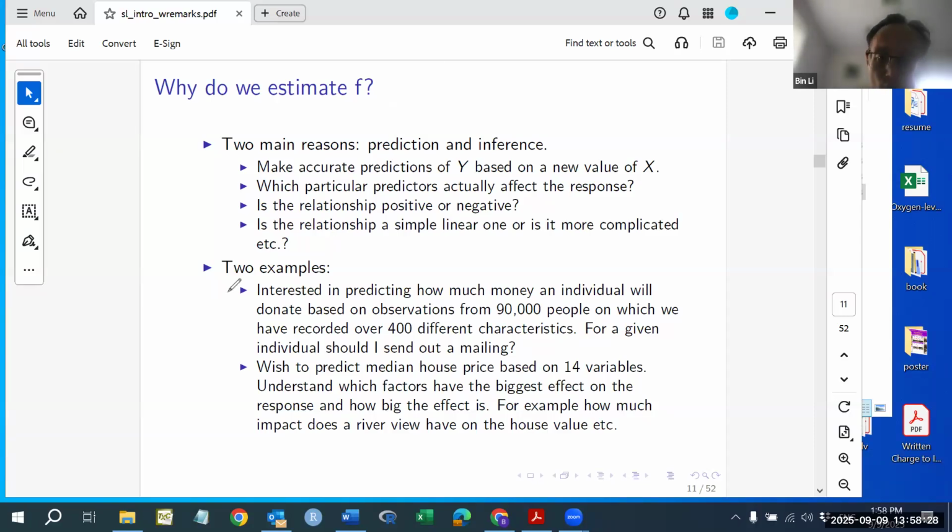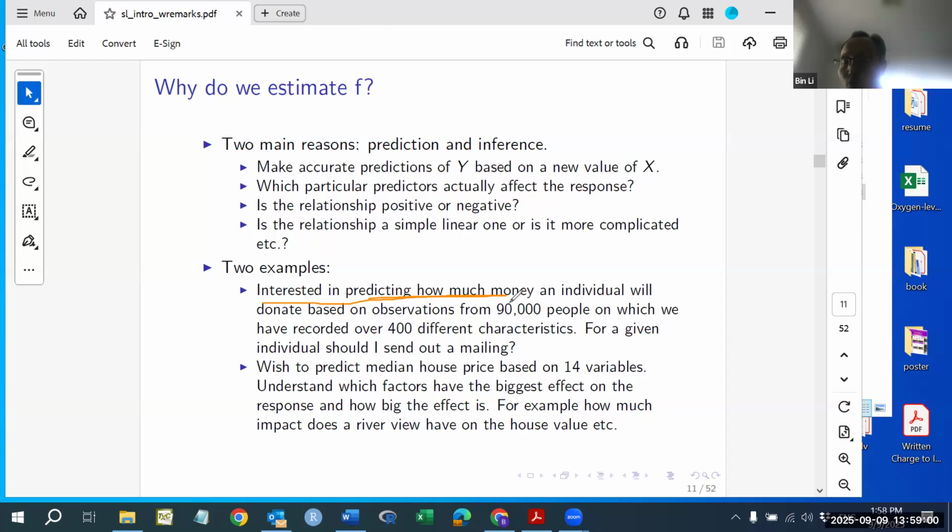These are two real examples. The first one is to predict whether to send out a mail to an individual who would like to donate, based on observations from 90,000 people on which they have recorded over 400 different features.